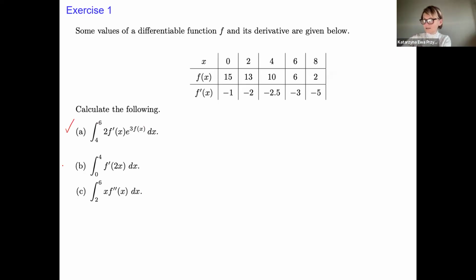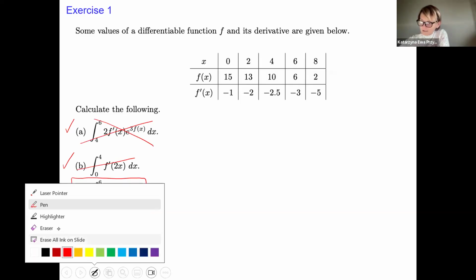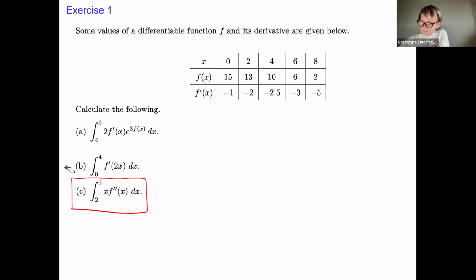You can do it, and this one is also U substitution. This one is not the U substitution. Let's try C. Okay. Integration by parts. We're not doing this one. I mean, I don't want to cross it out because you can try, but we will do C.